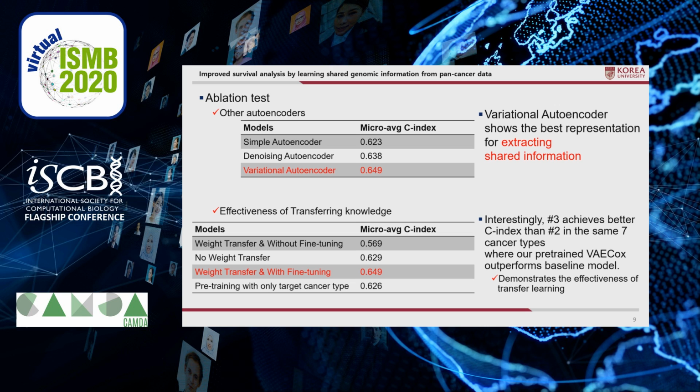The model with weight transfer and fine-tuning outperforms the model with no weight transfer at exactly the same 7 cancer types where the VAE Cox outperforms the baseline model. It means, because the baseline models did not use transfer learning, that this result demonstrates that transfer learning is effective for survival prediction.